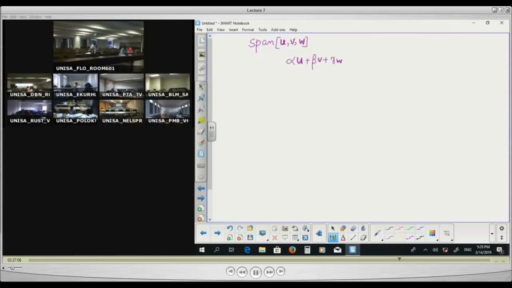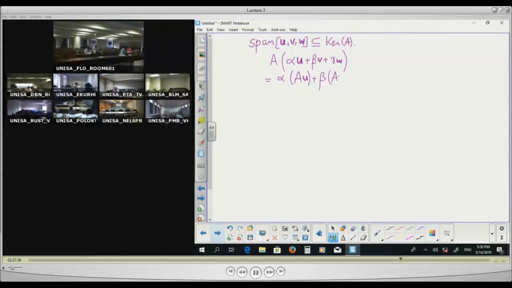So this statement actually means A times alpha U plus beta V plus gamma W, right? Now you're telling me that for all choices of alpha, beta and gamma, this is 0.